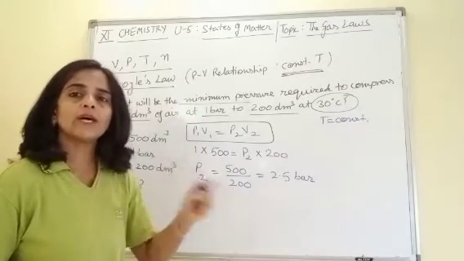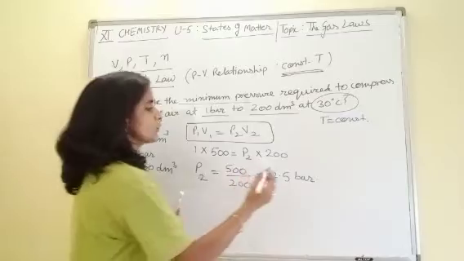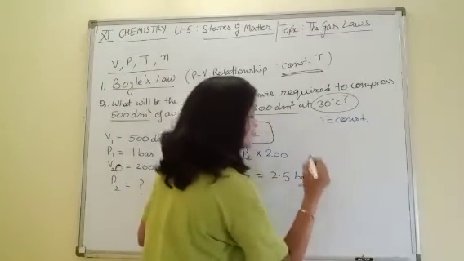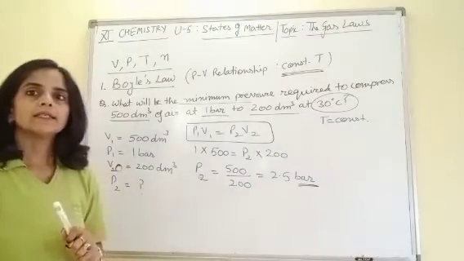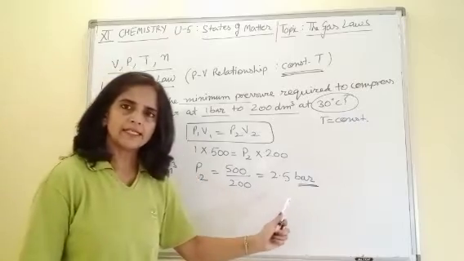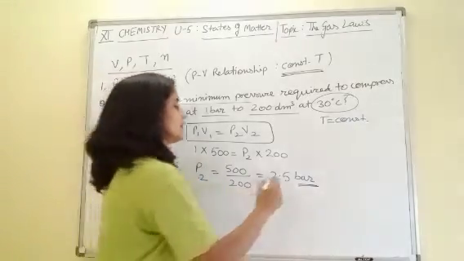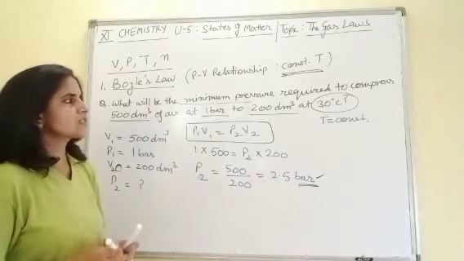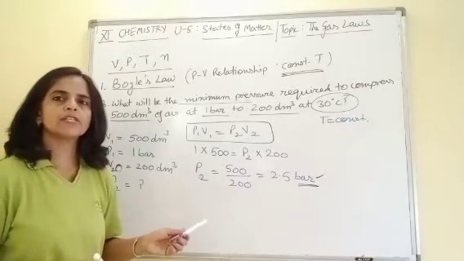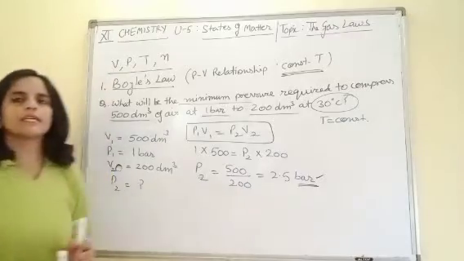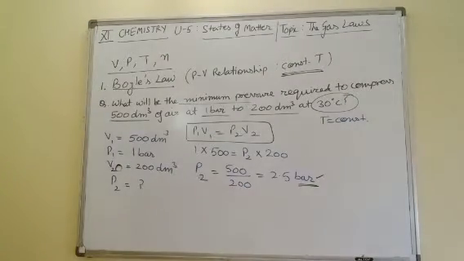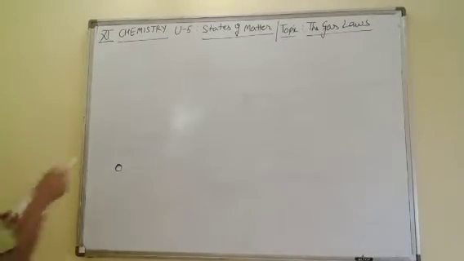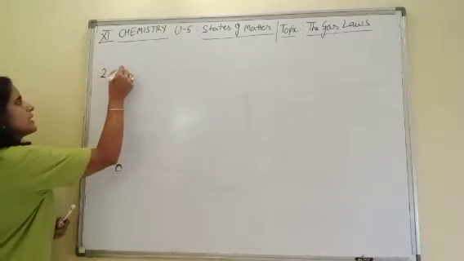And the second very important thing, generally students don't use the unit for the answer. So after finding the answer, always write the unit. Right? So in this way you can solve the questions based on Boyle's law by using the relation P1 V1 equals P2 V2. Now the second law is Charles' law.